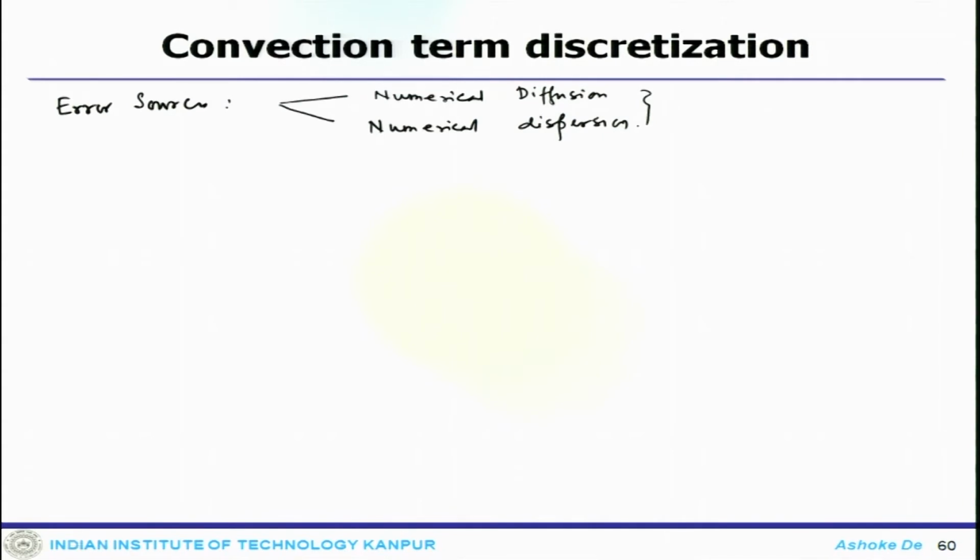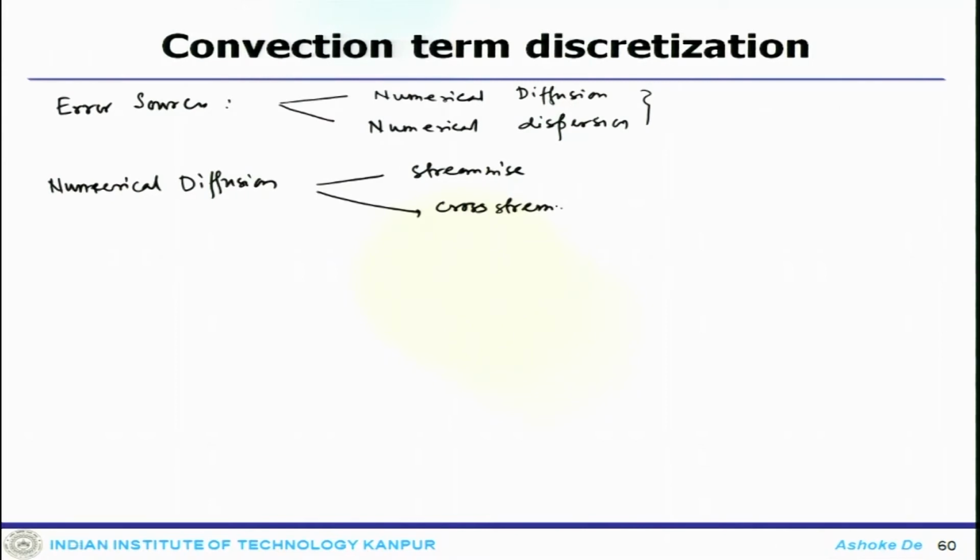Now, numerical diffusion can be also divided into two ways in which it can possibly arise in the system. One is the streamwise, the other will be cross stream.